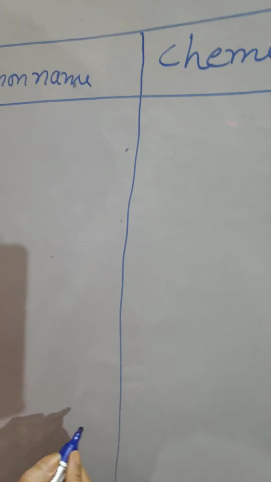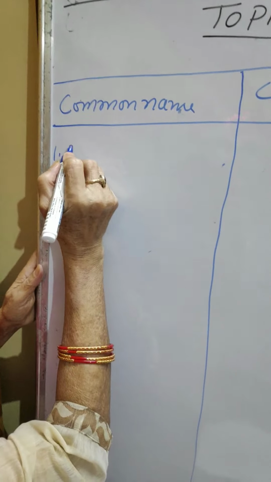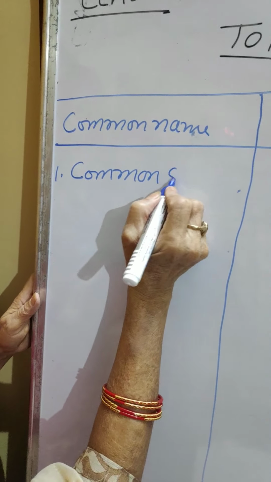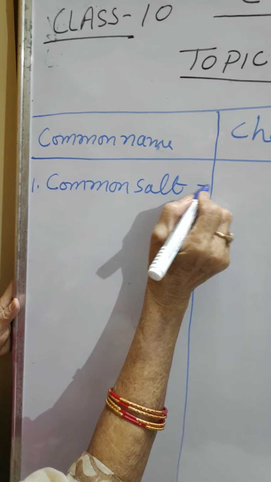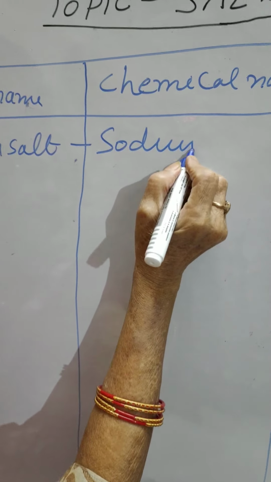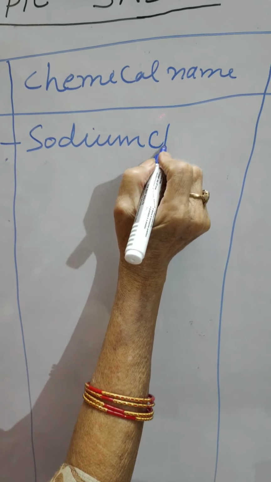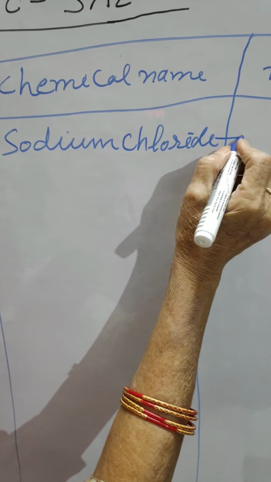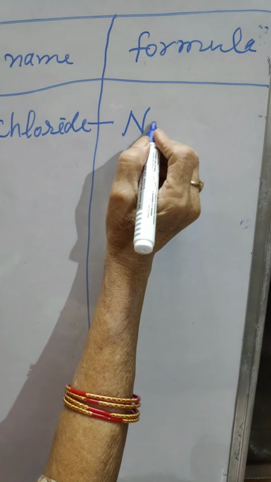The first is common salt, that is sodium chloride. Formula is NaCl.